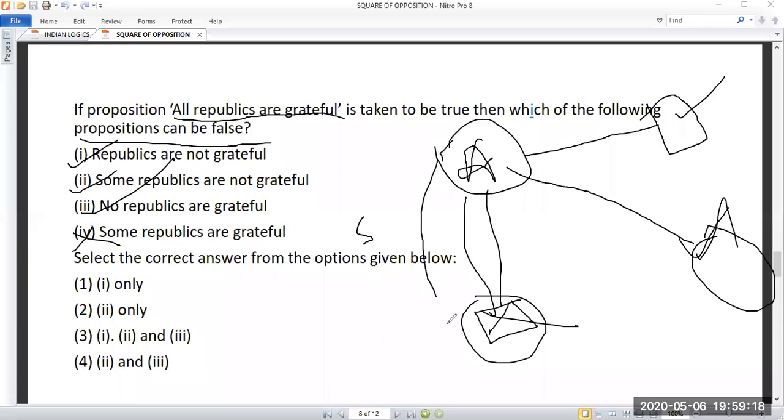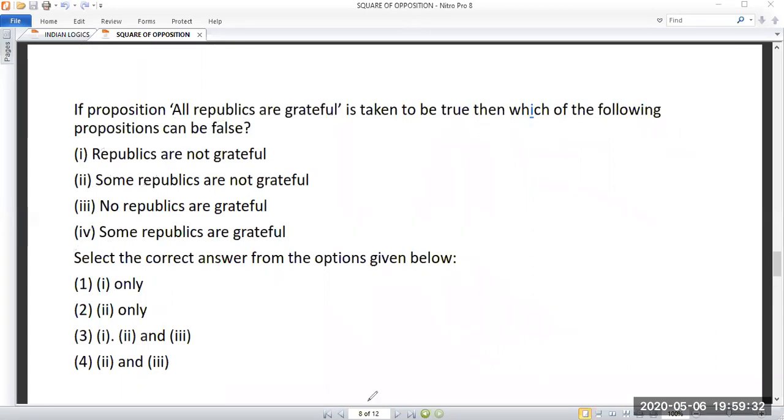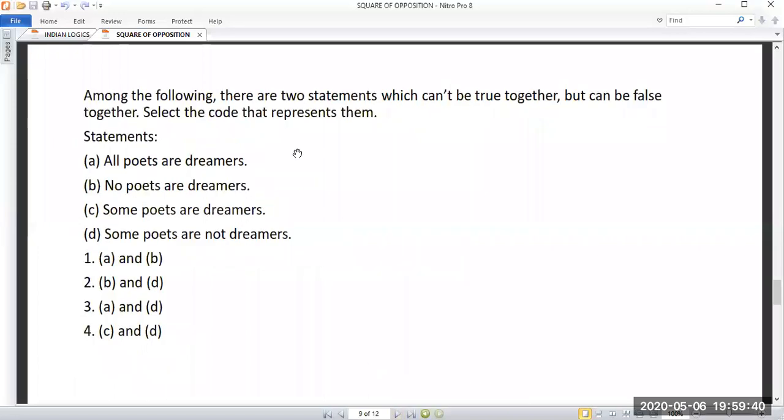So only this case alone can be true, but if you take this one and this one, they are false. So 1 to 3 is the answer. Earlier we solved this with a Venn diagram. Today we are solving the same with the square of opposition. So we'll move to the next.